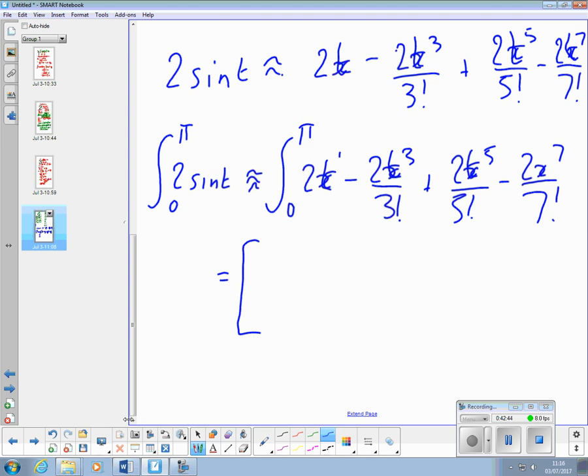Add 1 to it and divide by the new index. So we end up with 2t squared over 2, which is t squared.